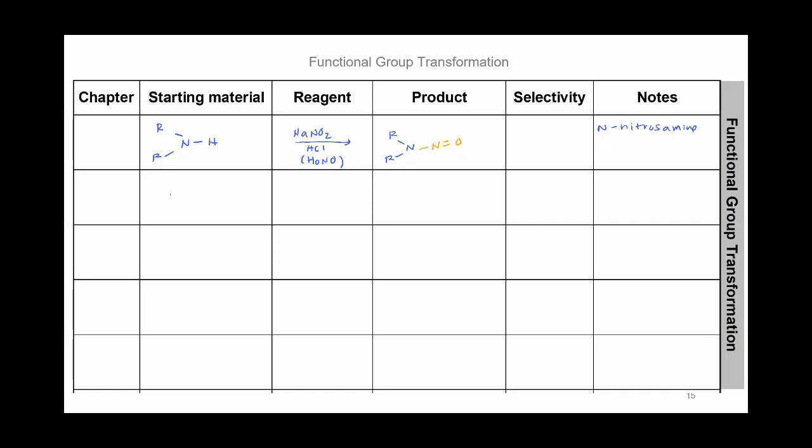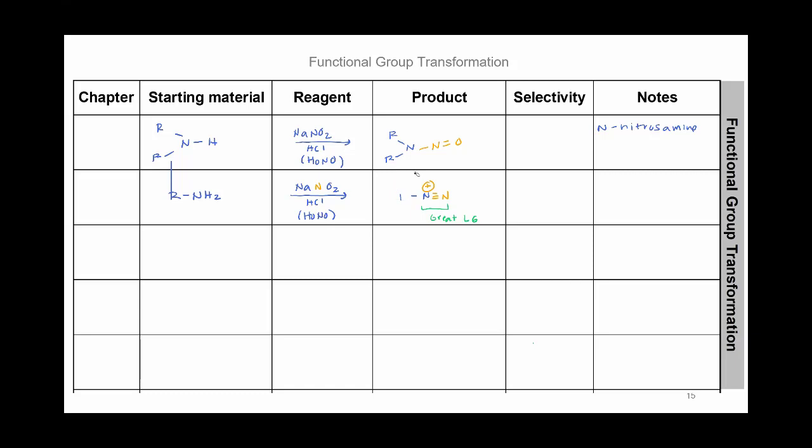All right, so if you do the same reaction with a primary amine, we form the diazonium. And that diazonium is a very good leaving group because you're losing N2 or nitrogen.